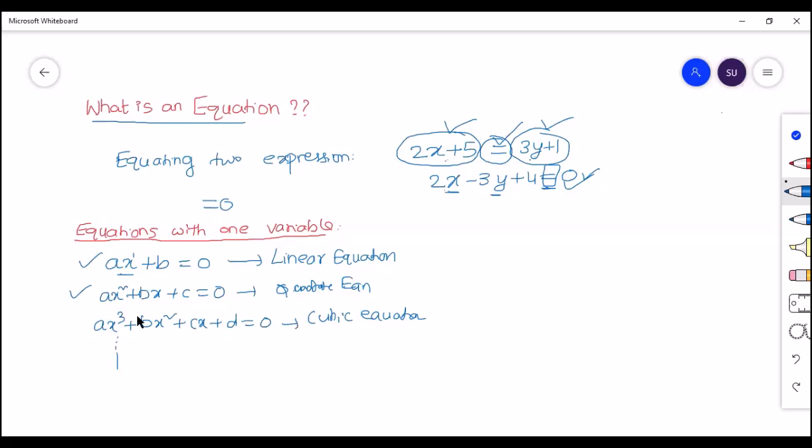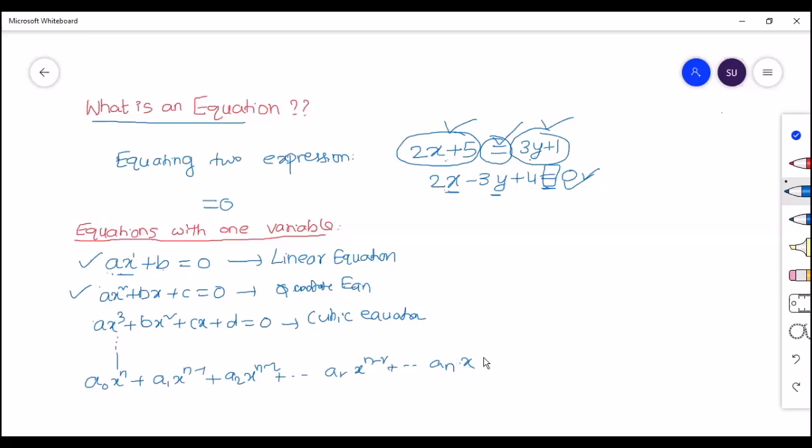In the same way, in general here a, b, c are real numbers or complex numbers. This is degree 1, degree 2, degree 3, next degree 4, and so on. If you write an nth degree equation in general, instead of a, b, c, d, I can write a naught x power n plus a1 x power n minus 1 plus a2 x power n minus 2 plus and so on, a r x power n minus r plus and so on, plus an x power n minus n, that is x power 0, which is 1.